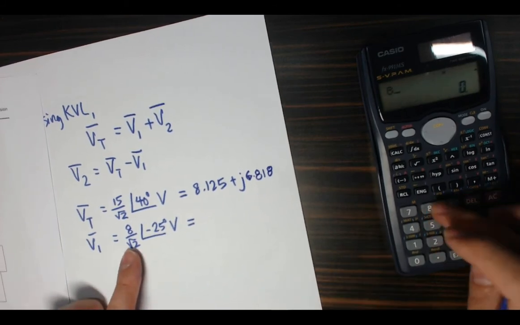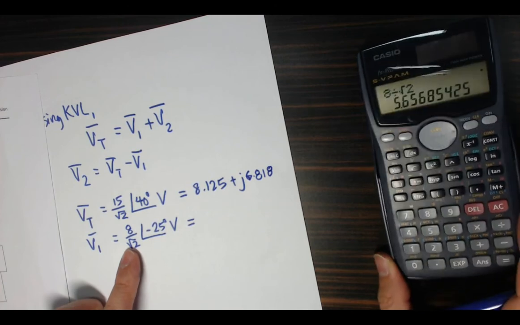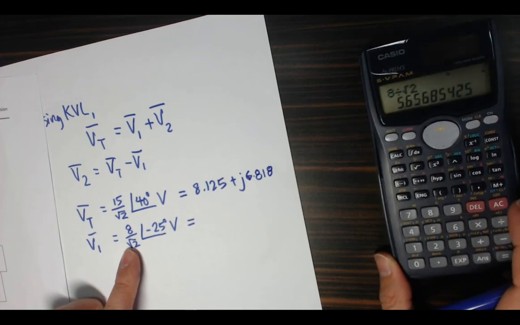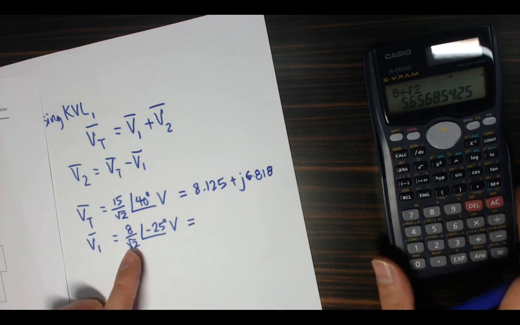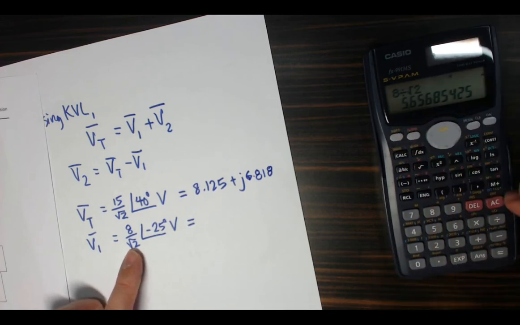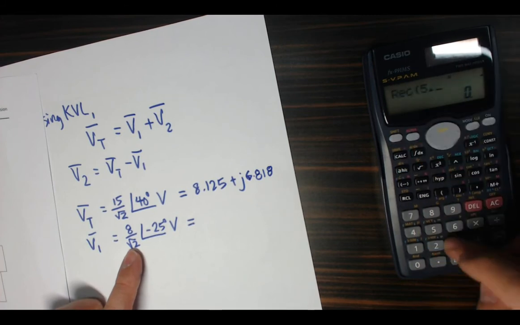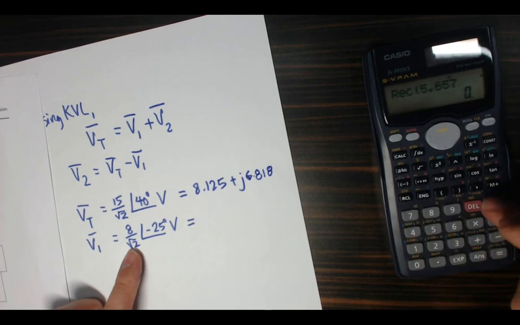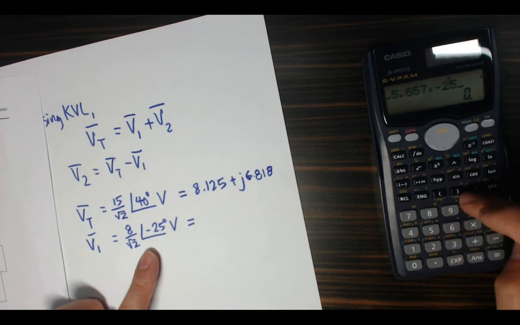Okay, the other one is 8 divided by square root 2, which is 5.657. Shift, change to rectangular. 5.657 at an angle of minus 25 degrees.